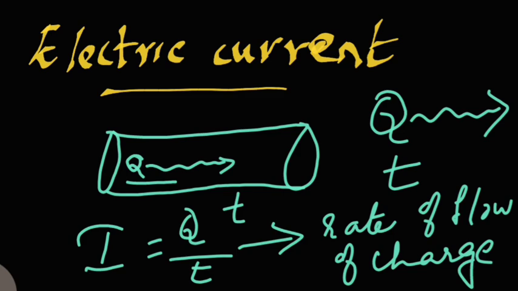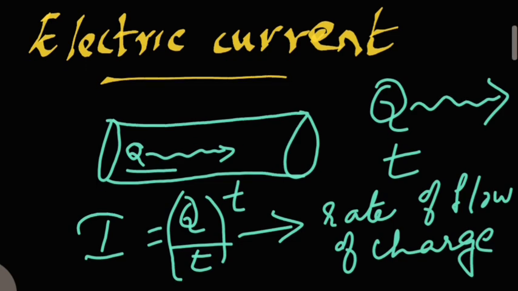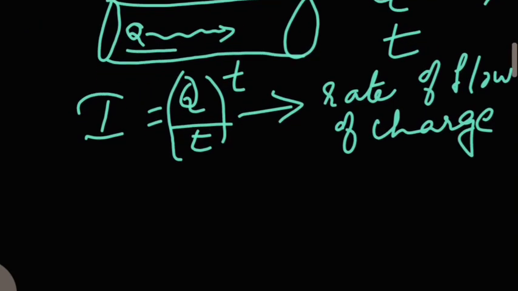So how much charge is passing through a conductor in a particular time, we name that to be the current. So we can define electric current as the rate of flow of charge through a conductor. So this equation is important: current is equal to charge upon time.